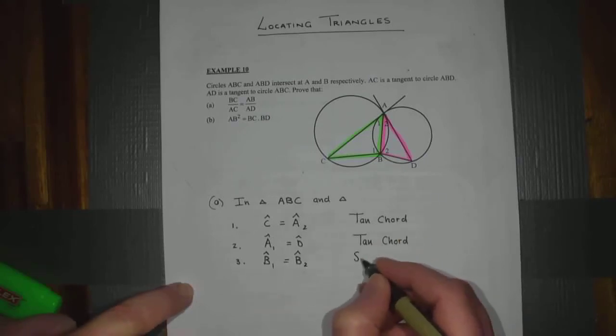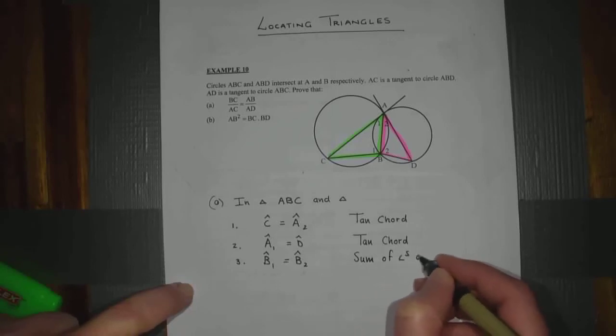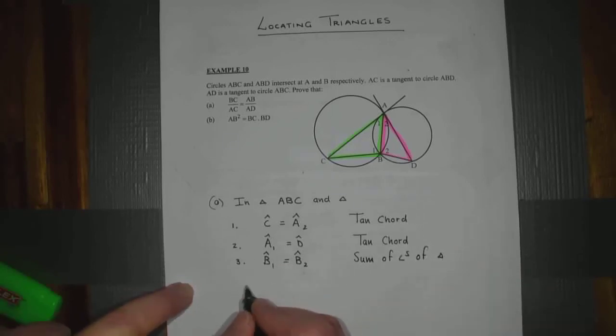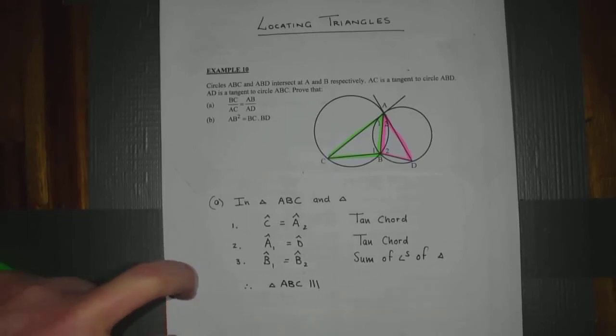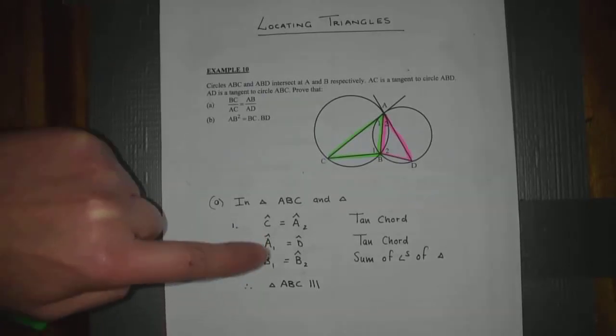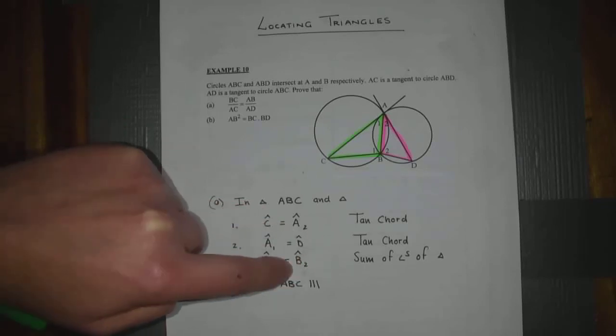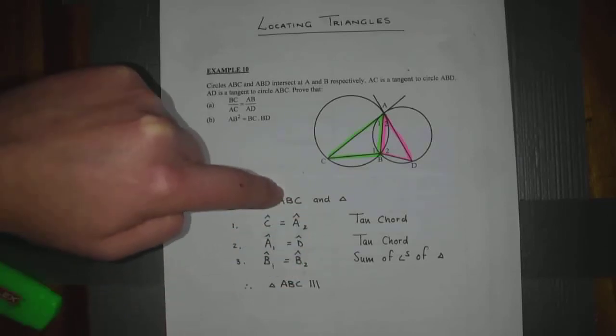And that's going to be sum of angles of a triangle. And then I can make the statement, therefore, triangle ABC, and because I was so careful with the way I wrote it, I can read A, B, C is similar to D, B, A. Can you see that?